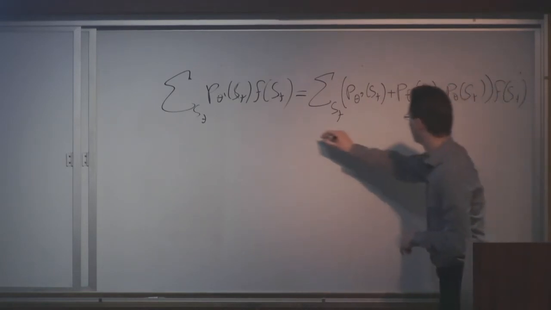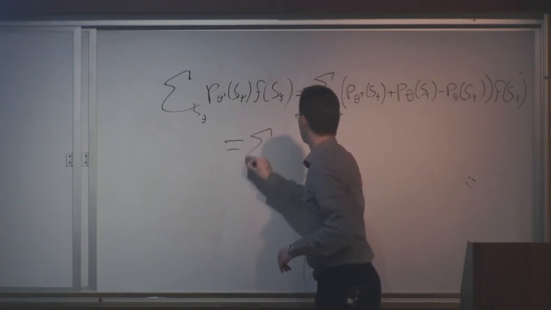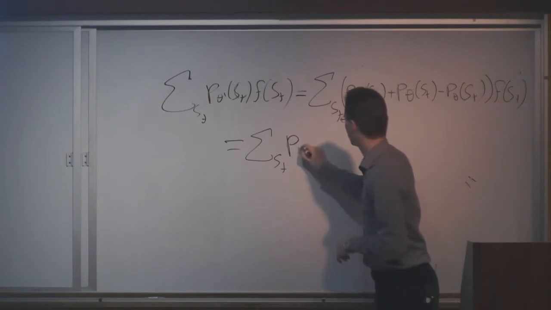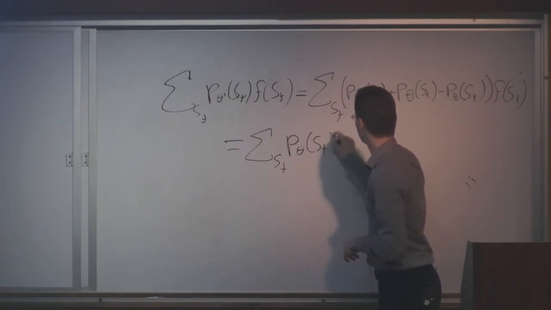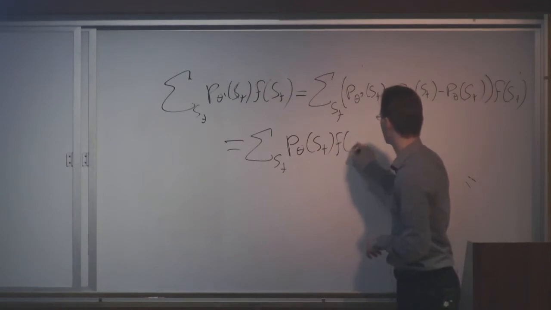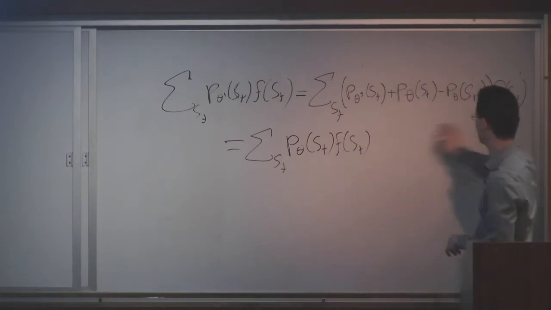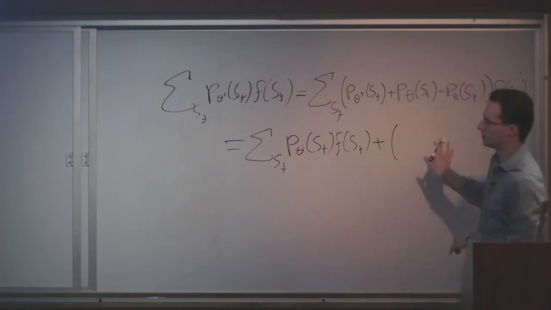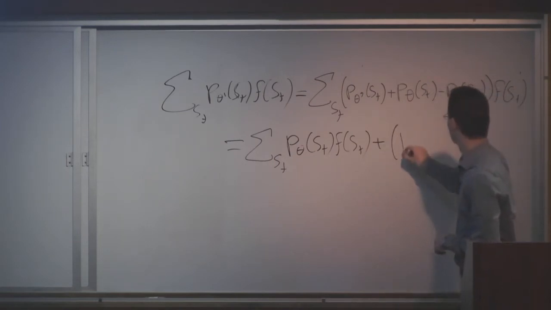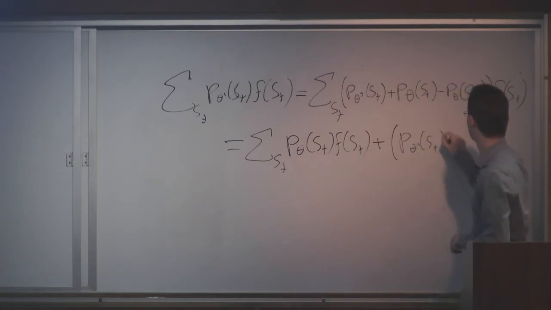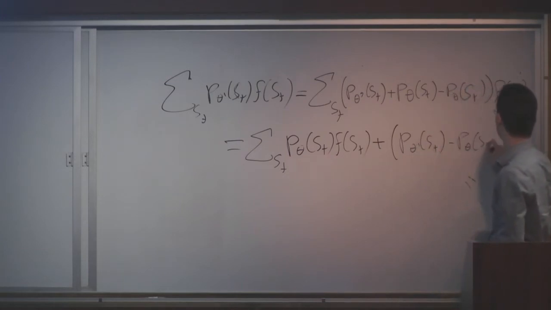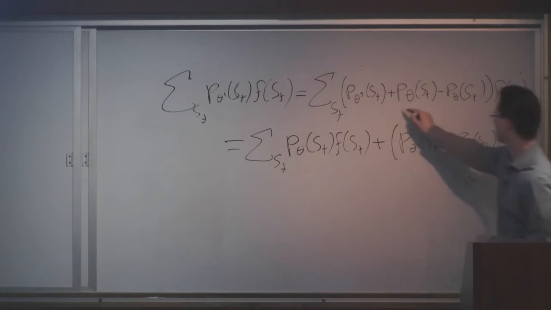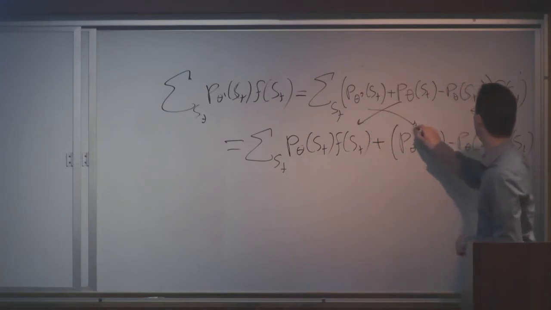Now we're going to group these terms. I'm just going to rearrange the terms and group them to p theta of st times f of st. So I'll just do a little bit of a distribution, distributing this inside. Plus, and here I'm going to put some parentheses around it, p theta prime of st minus p theta of st times f of st. So I just put this guy here, this guy here, this guy here.